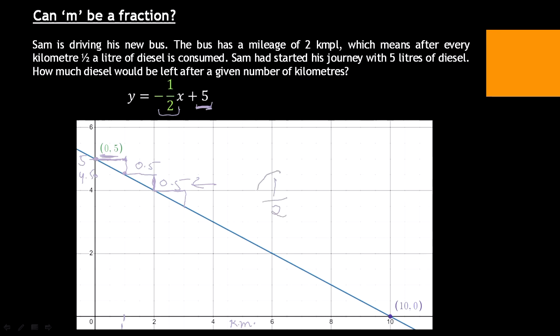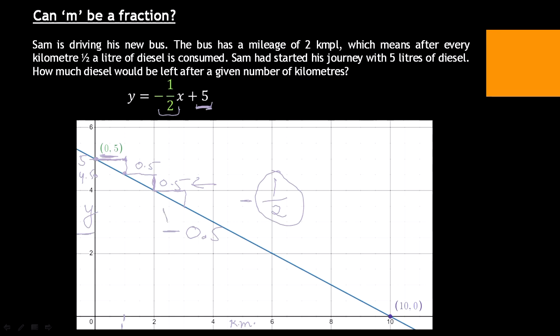So essentially this fractional m simply stands for a fractional rate at which the y value is reducing or increasing. Here, because I have a negative fraction, negative 0.5 or negative half, it simply means that the value of y is reducing.